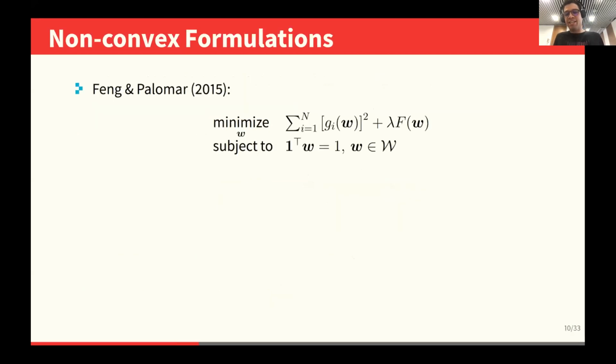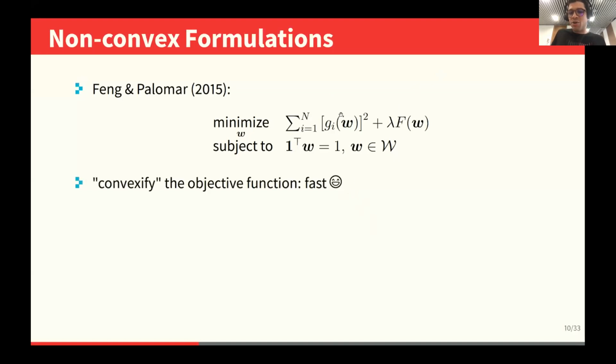But then in 2015, these two researchers, Feng and Palomar, identified that many non-convex formulations of the risk parity problem can be written in this framework here, where you have a function that is squared and then some additional function assumed to be convex.